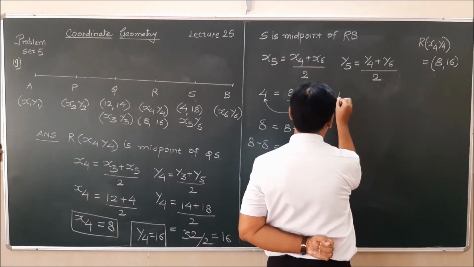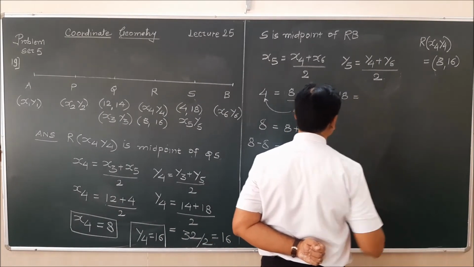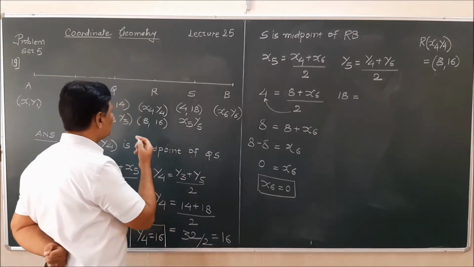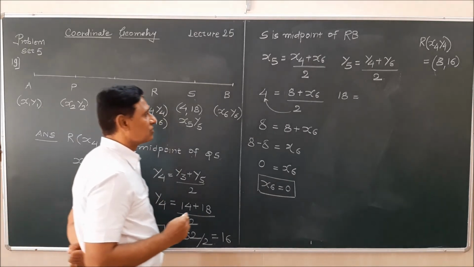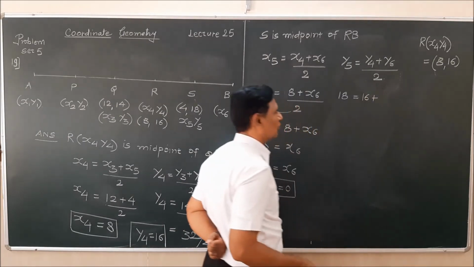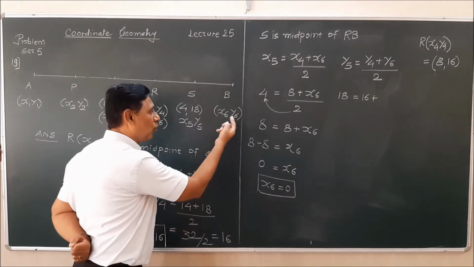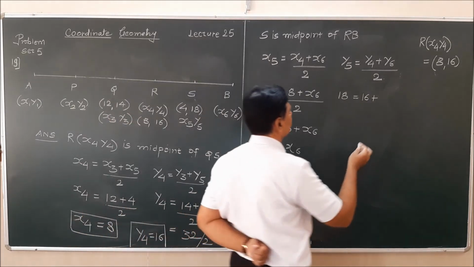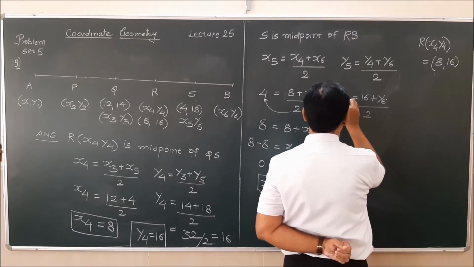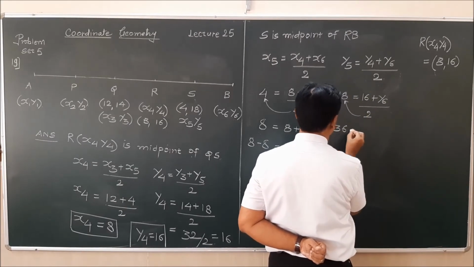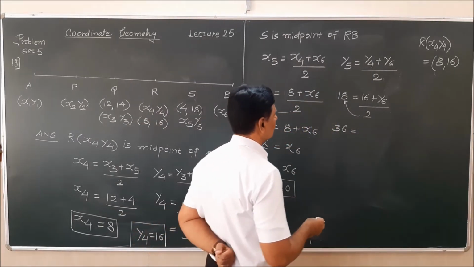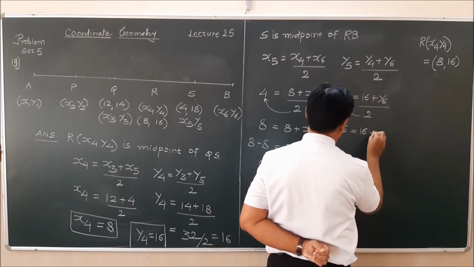So 18 is equal to y4, which is 16, plus y6, which we don't know, upon 2. 18 twos are 36. That is equal to 16 plus y6.